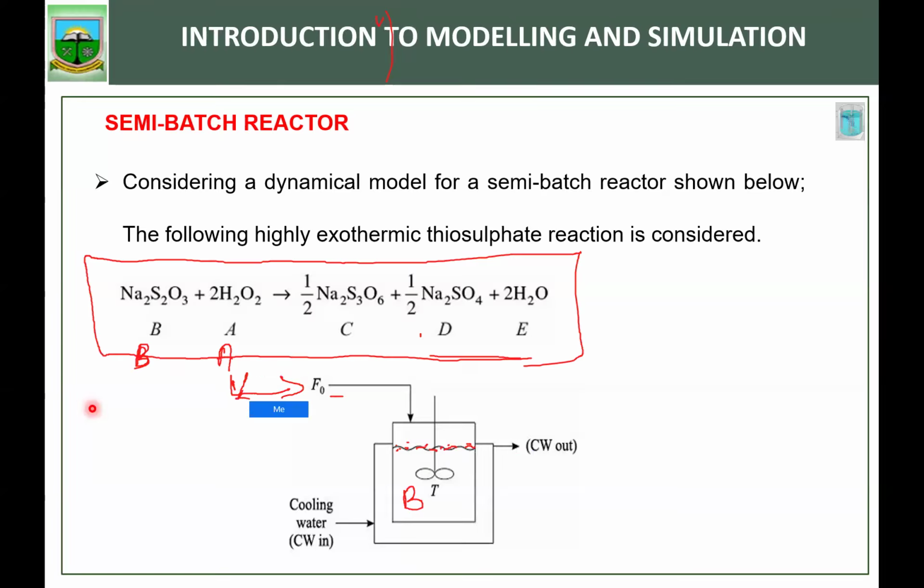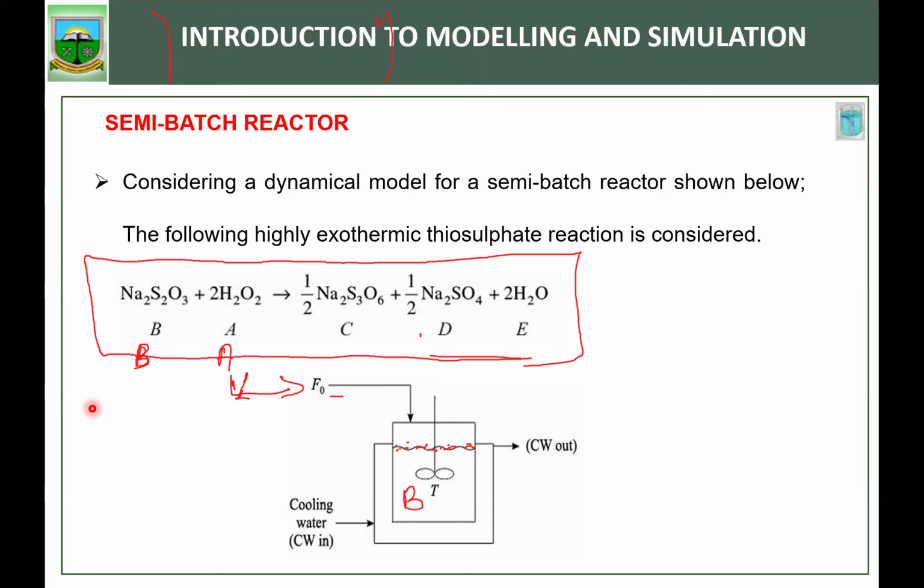Then you take out the product. So you see that with this one, sorry, A keeps coming in at a certain flow rate. It could be very slow, it could be very high, depending on how the reaction behavior looks. That's what you use to define the flow rate of the reactor.